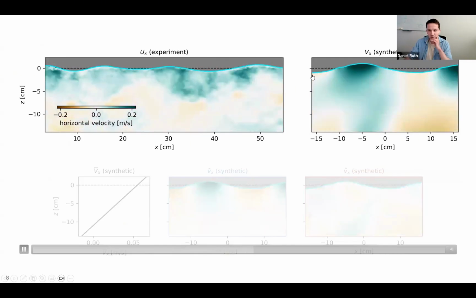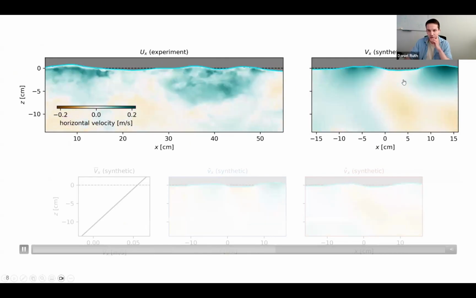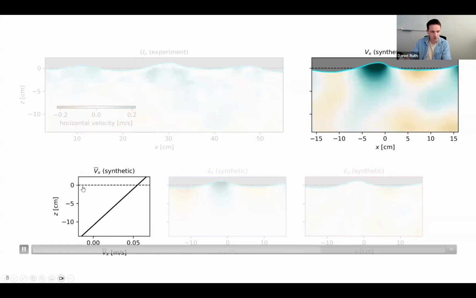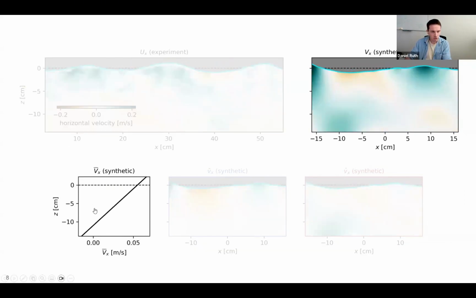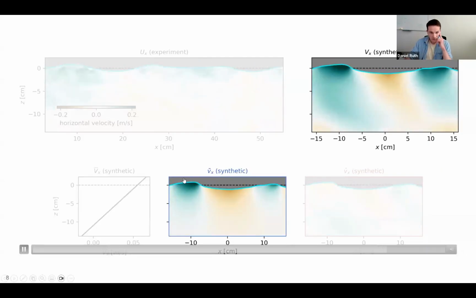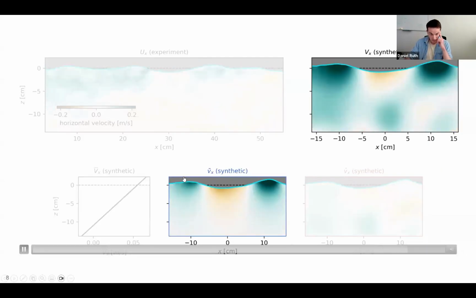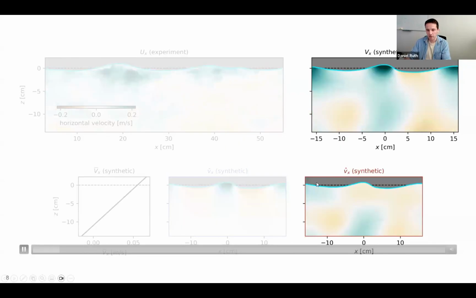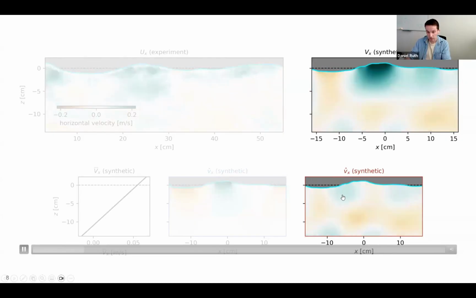Then with the synthetic field, we first impose this linear shear profile beneath the mean flow. On top of that, we're adding, as I mentioned, the Airy wave solution for the orbital velocities, given these surface profiles. And then finally, on top of that, the spatially correlated Gaussian noise, which is representing the turbulence.